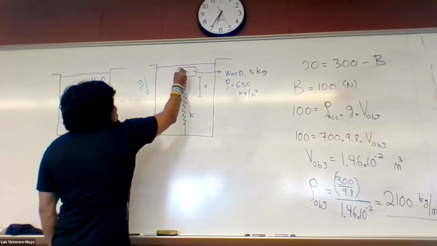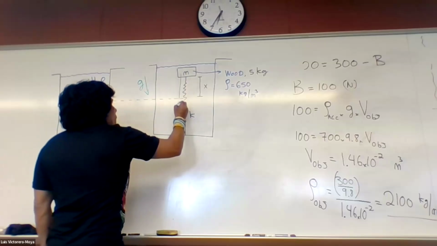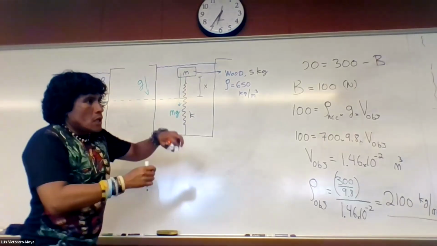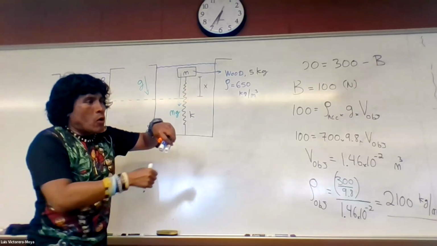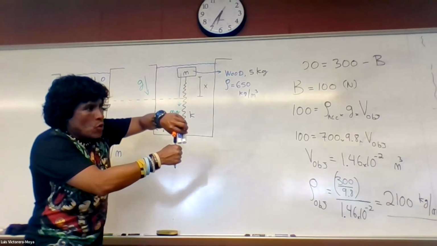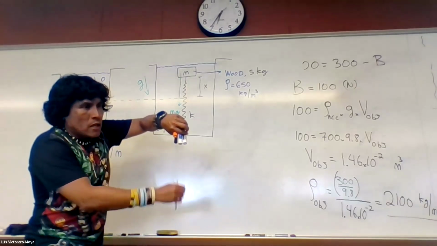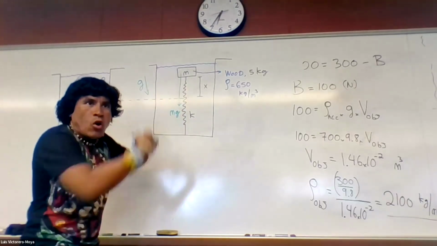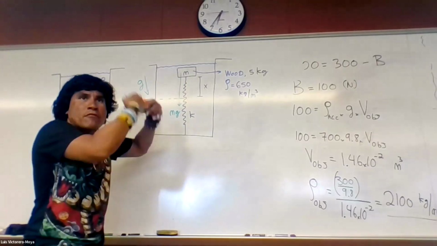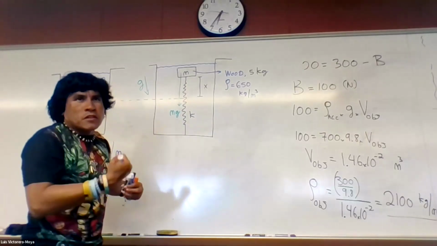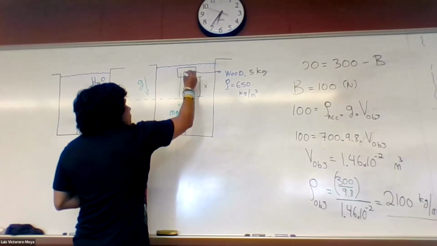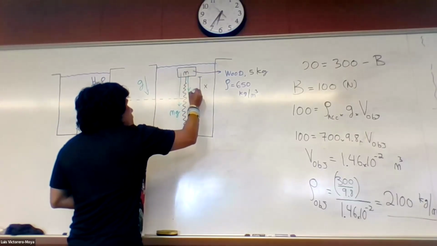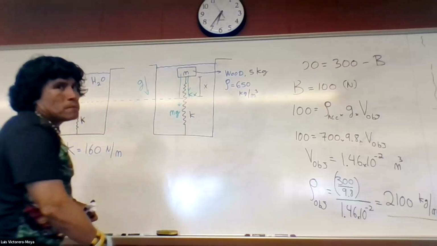So mg. You're going to see this tomorrow, but if you attach a mass to a spring, the spring wants to bring it back. So there is a restoring force. Hooke's law. That's Kx. Kx. Downwards one.